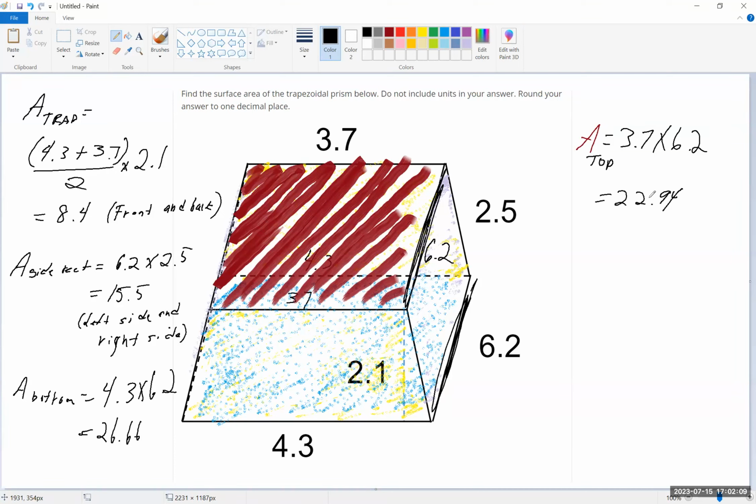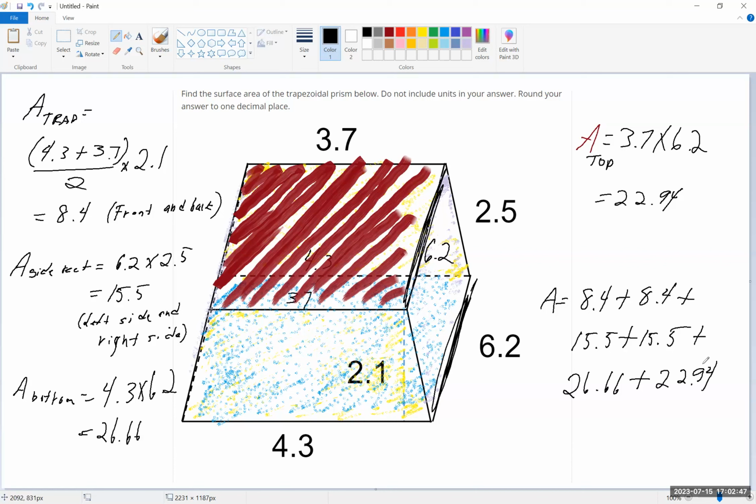And so the grand total is going to come from this computation, which is the front and back, the left and right side, the bottom, and the top.